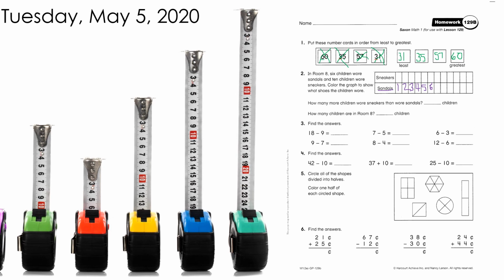Thanks for encouraging me to do my best. It makes me happy. And remember, 10 children wore sneakers. Sneakers. Make sure you're looking at the labels of the words as you're making 10 on the picture chart.